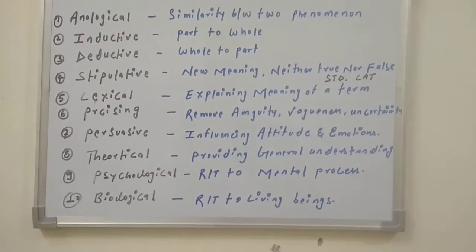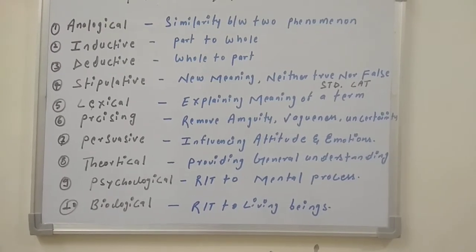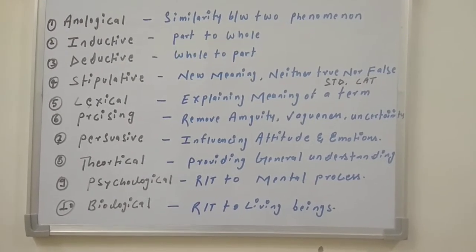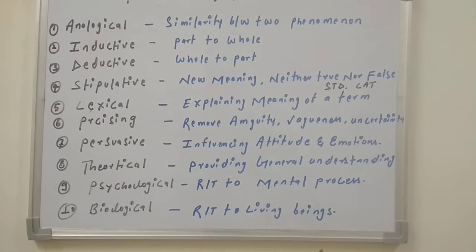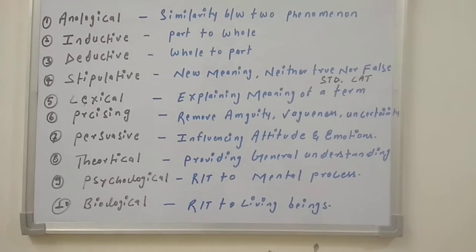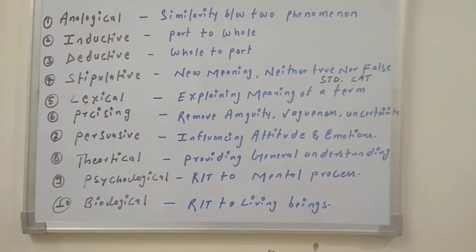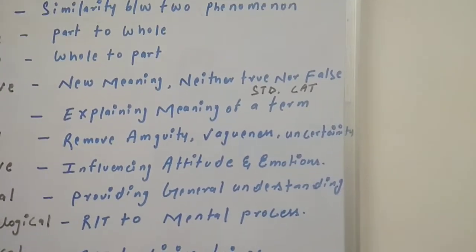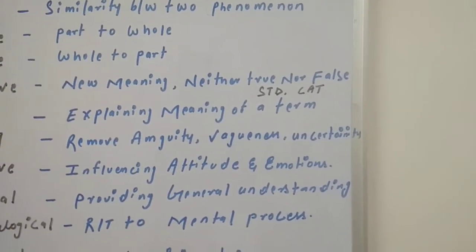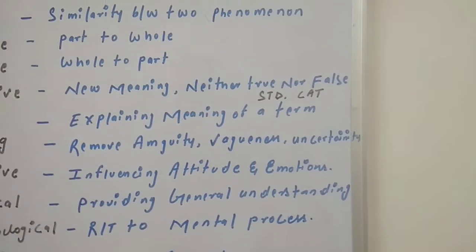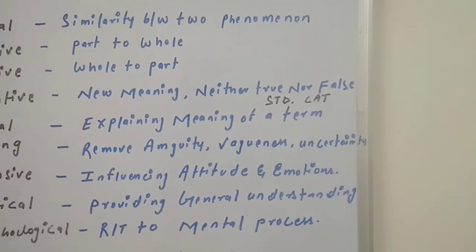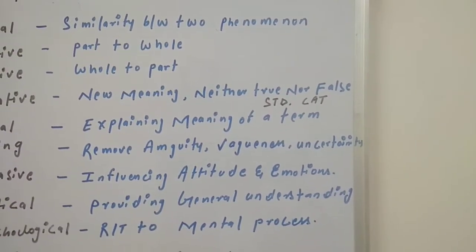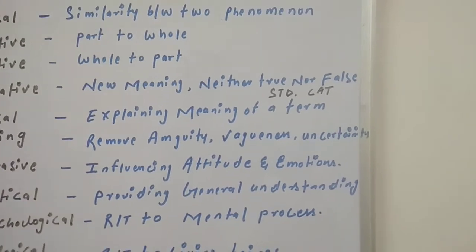The next most important one is stipulative. Stipulative means when we are giving a different meaning or new meaning to any term. For example, I have two terms. One is STD. STD we say is sexually transmitted disease. This is one term. If I give a new meaning, such as STD means sustainable tourism development, I give a new meaning for that.